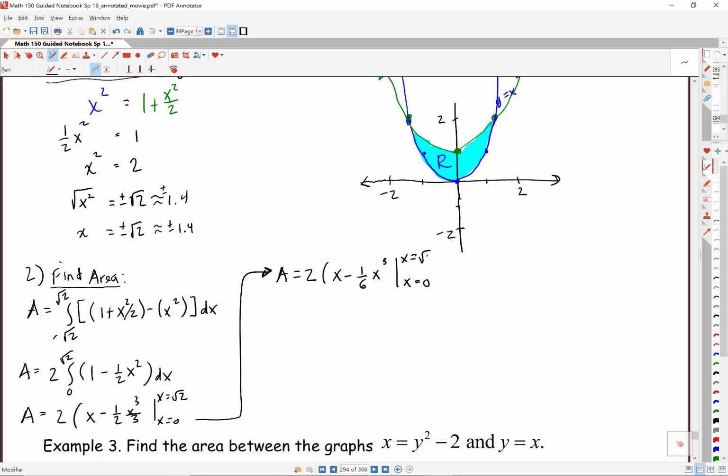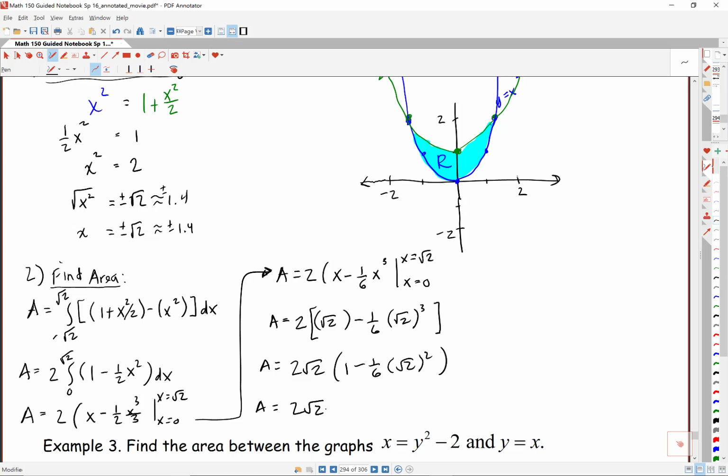So we have the area is 2 times root 2 minus 1/6 root 2 cubed. Now if we factor out a root 2, we'll get 2 root 2 times 1 minus 1/6 times root 2 squared, which will give us 2 root 2 times 1 minus 4/6 times 2, because root 2 times root 2 is 2.